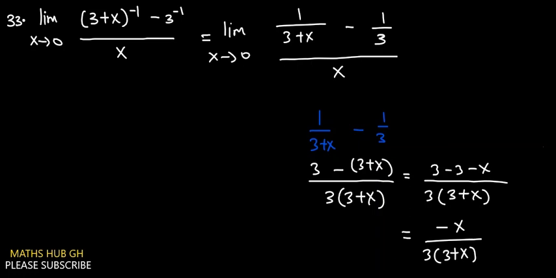Our expression will now become the limit as x approaches 0 for −x divided by 3(3 + x), all that divided by x.